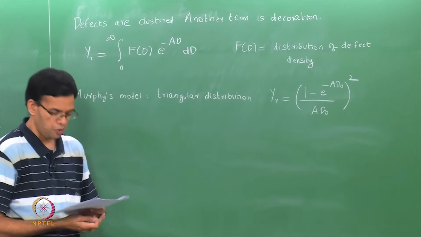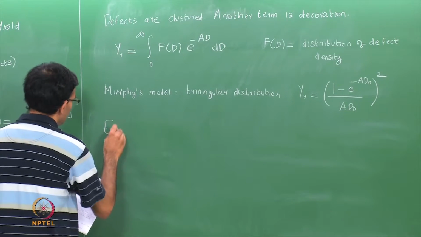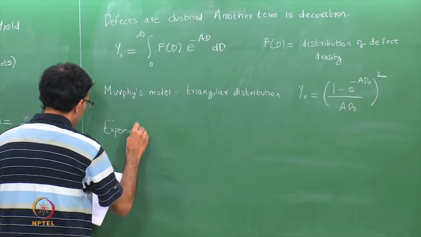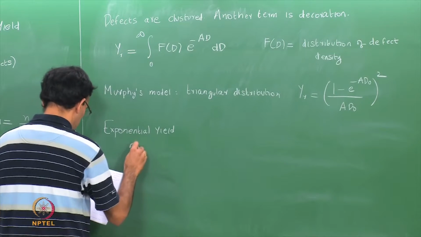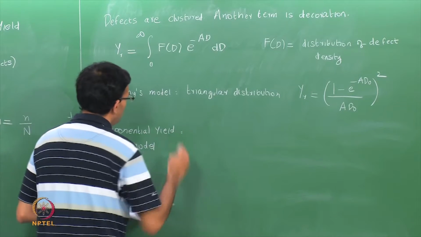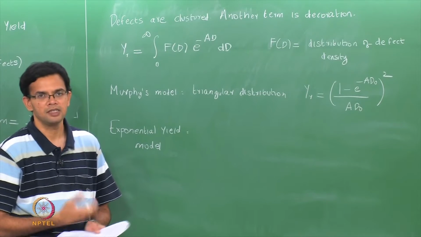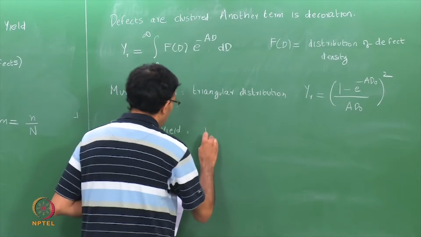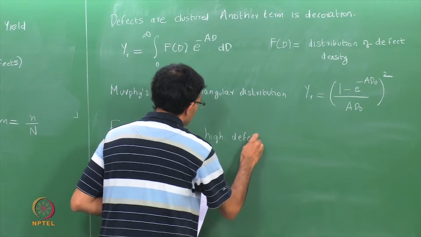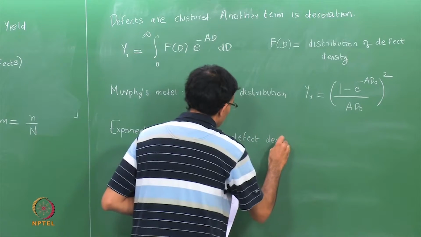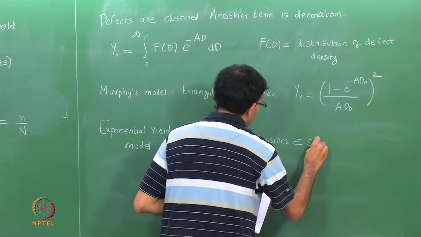You also have an exponential yield model where once again you have different distributions. So, according to this model, you have some areas in the wafer which have a high density of defects and some areas that are not. So, you have high defect densities that are essentially restricted to small areas on the sample.